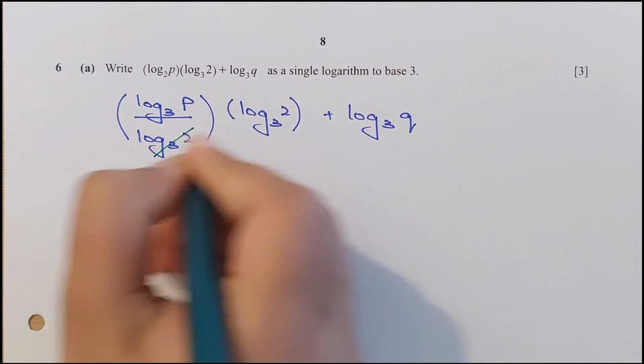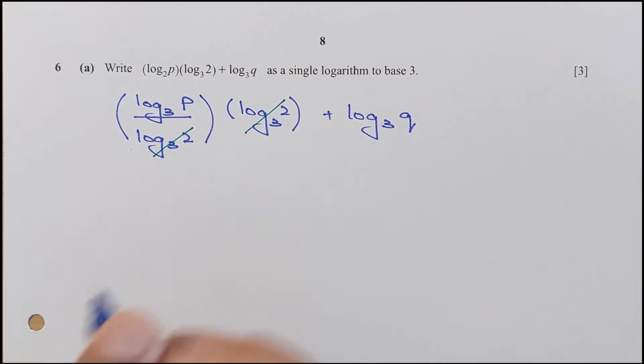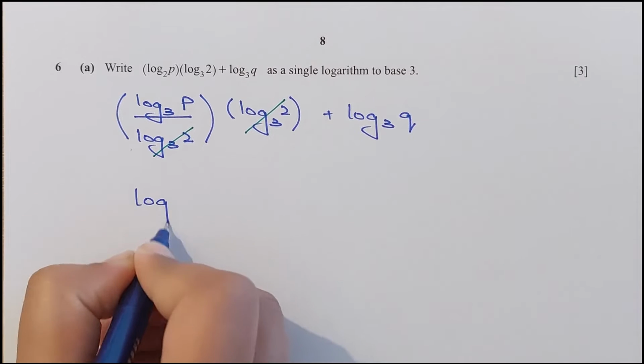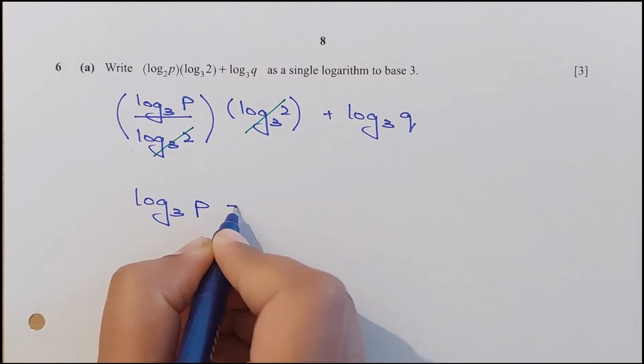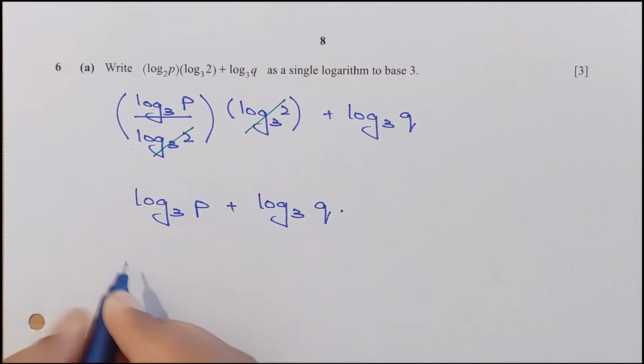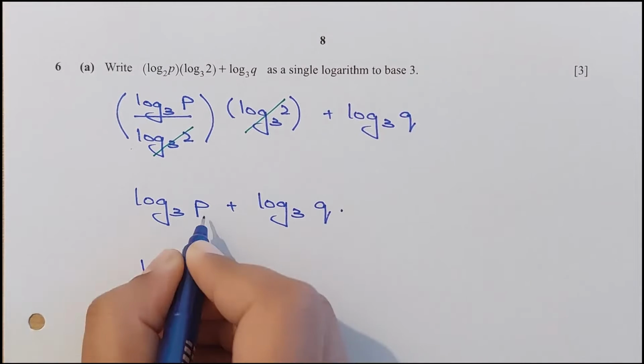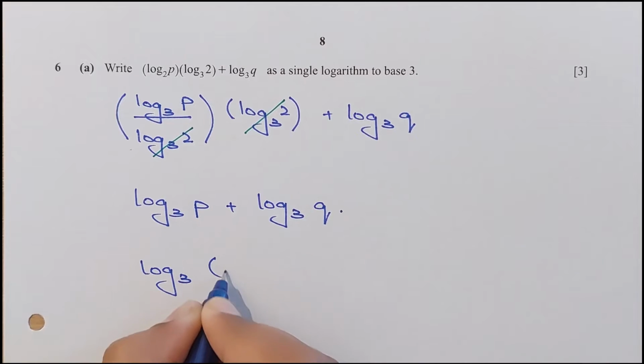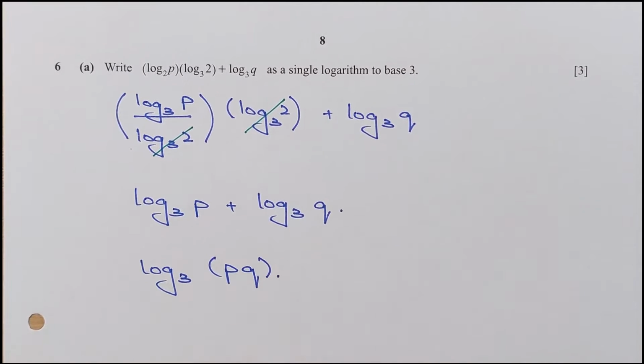We can cancel log base 3 of 2, right? So from here we have log base 3 of p plus log base 3 of q. So log base 3 of pq is the single logarithm with base 3.